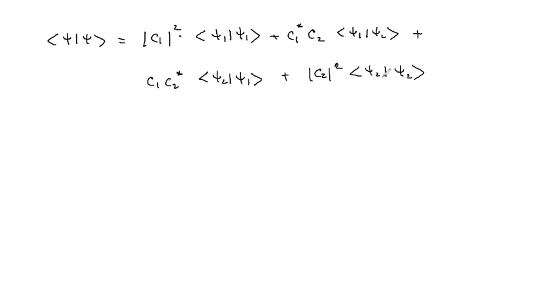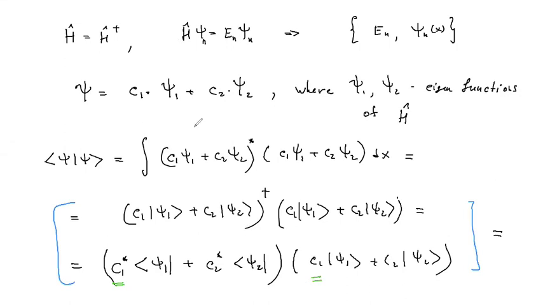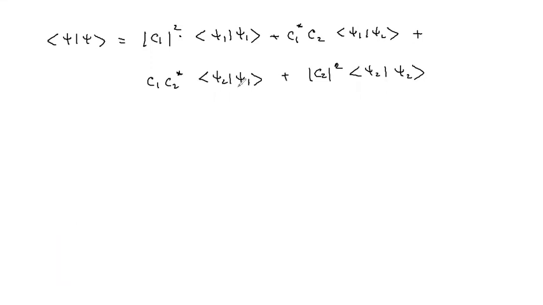So if you don't like bracket notation, you will have to write integrals all the time, yeah? It will be a little bit longer notation, but apparently you don't need bracket notations. You can just open brackets here and you will get the same answer. Now, let me recall that these were eigenfunctions, yes? And they are orthogonal and normalized. What is the dot product psi1 and psi1? 1, right?